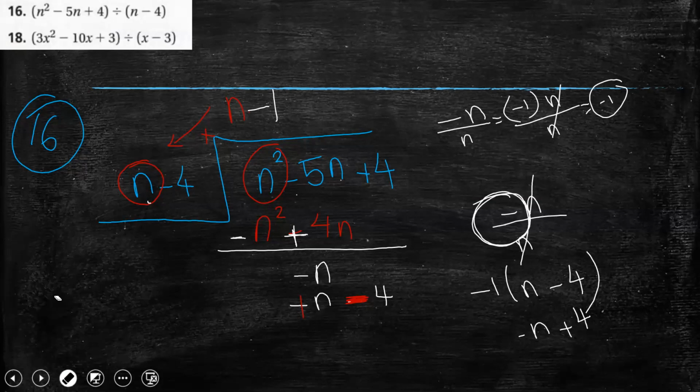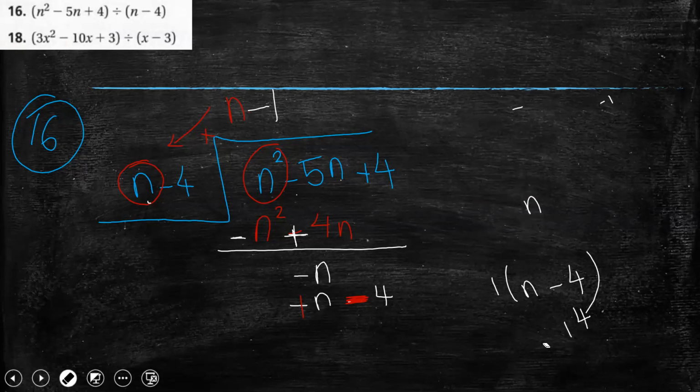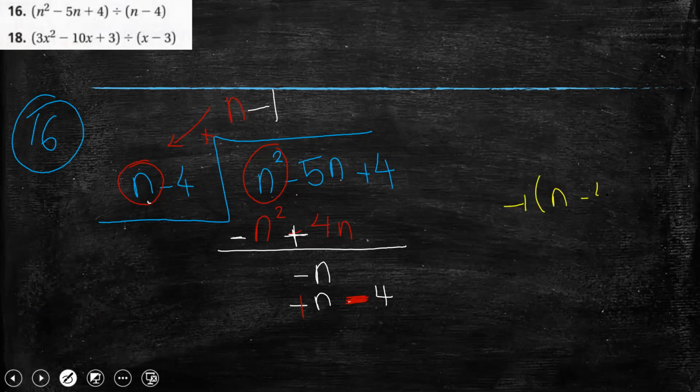When you want to multiply, you have to multiply negative 1 with the divisor here. So what did you get? Negative 1 times n minus 4, so it's like negative n plus 4. You wrote it down here. But since we have the magic subtraction, let's change the sign.